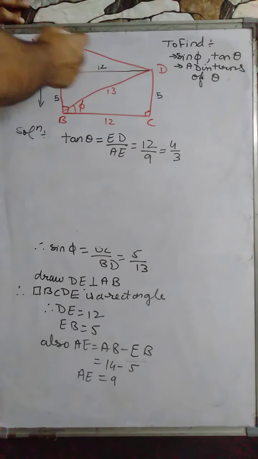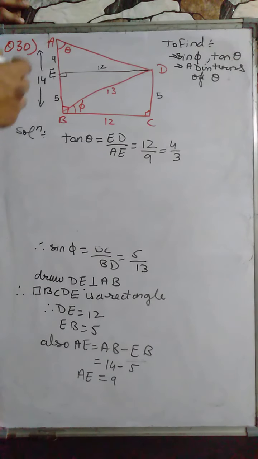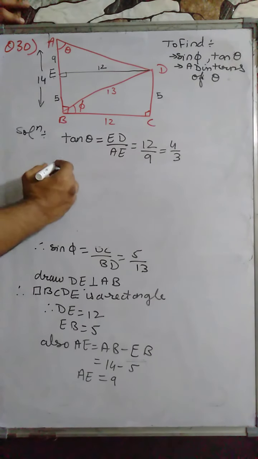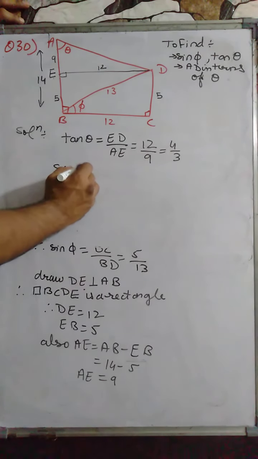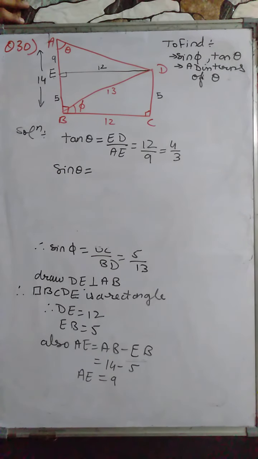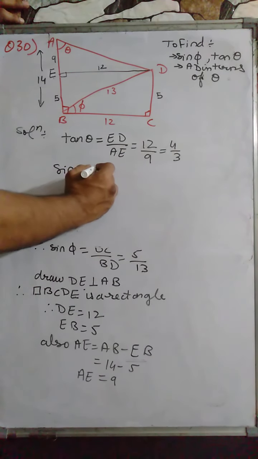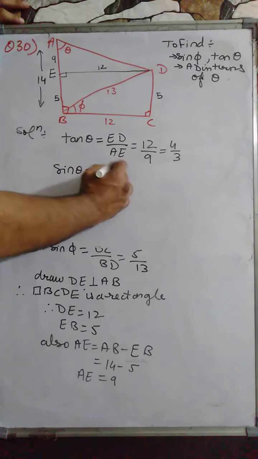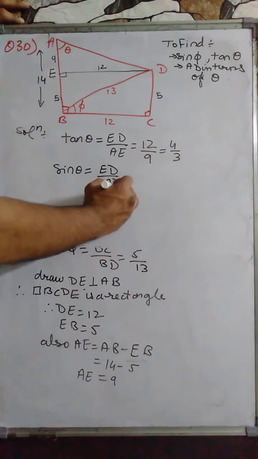So how do we get this AD? Suppose I take the sine of this theta. Sine theta is equal to height upon hypotenuse, that is ED upon AD.